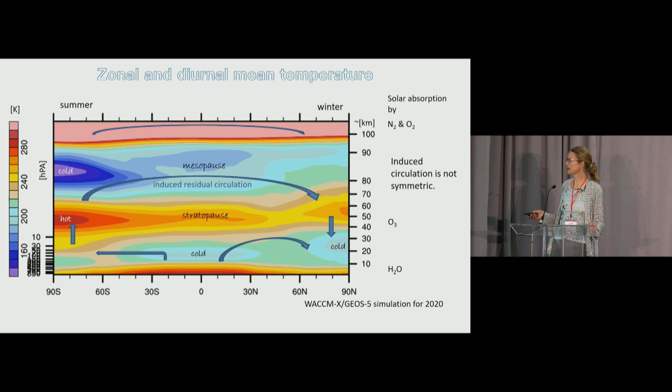So here you have warming, and the arrows indicate in a schematic way that this will affect the mean circulation. So you have some upwelling and then poleward turning of winds. Here, this is solar absorption by water vapor, while here in the stratosphere, it's absorbed by ozone.